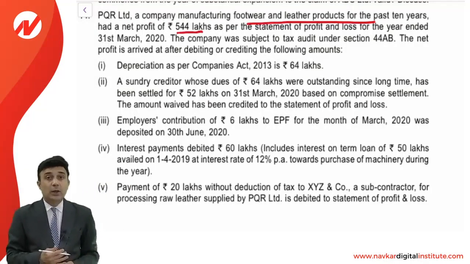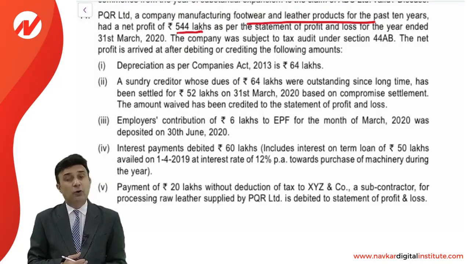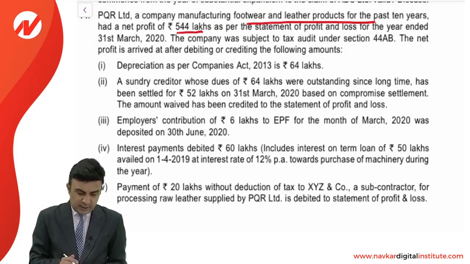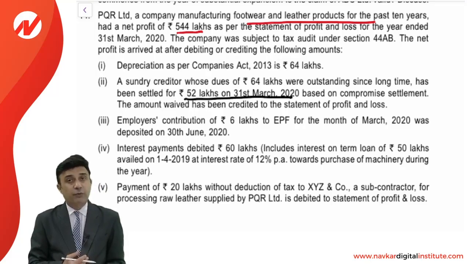Next, a sundry creditor whose dues of 64 lakh were outstanding since a long time has been settled at 52 lakh on 31st March 20 based on compromise settlement. The amount waived has been credited to profit and loss account.